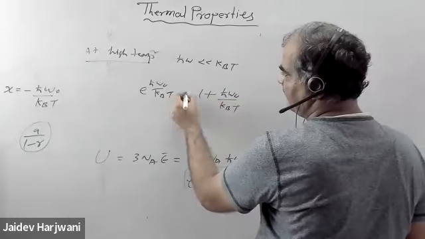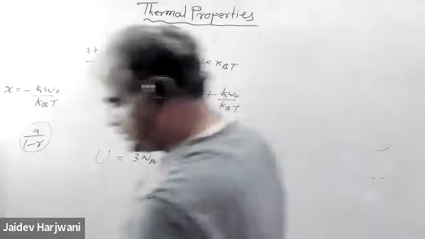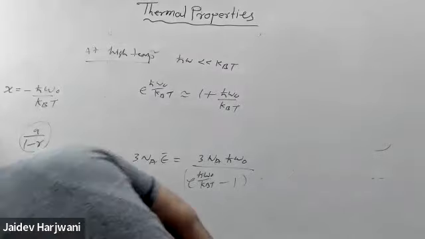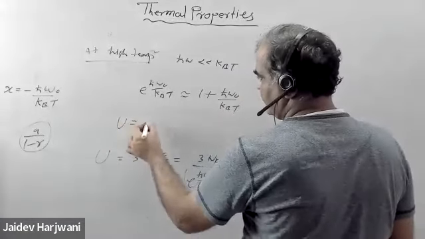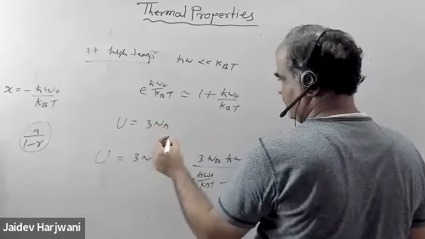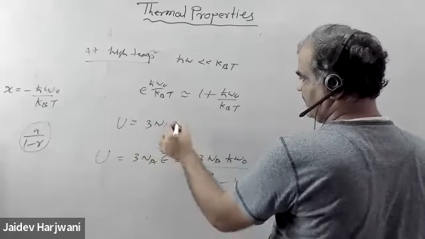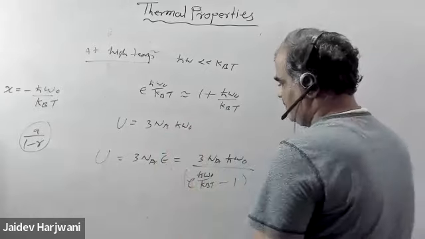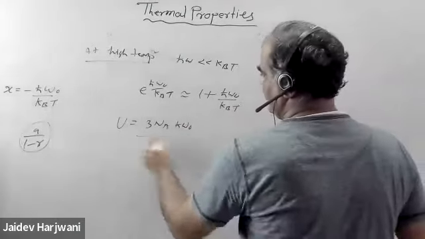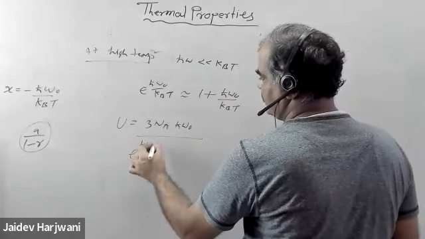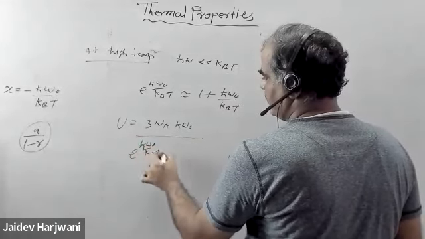Okay, at the high temperature limit. Now if I write the energy at high temperature, U, that will be 3N_A ħω₀ divided by e^(ħω₀/k_BT) minus 1.